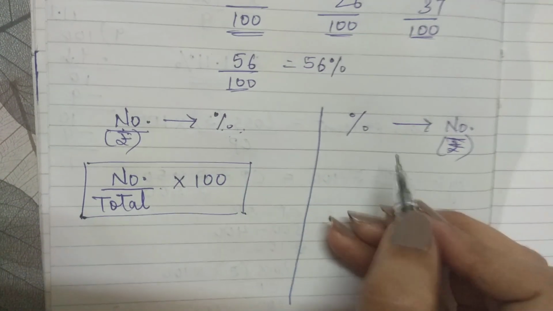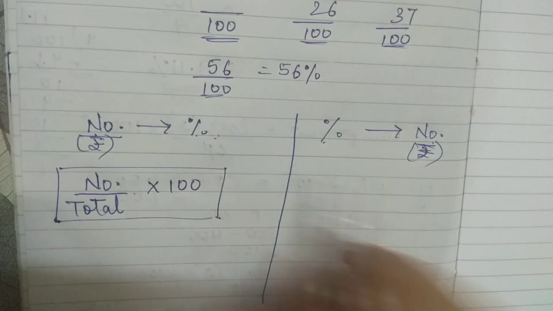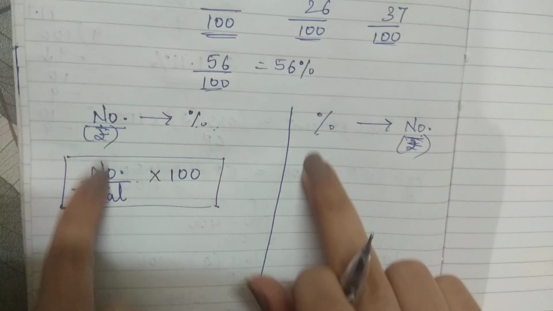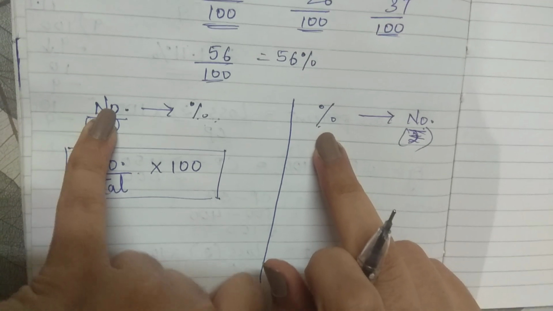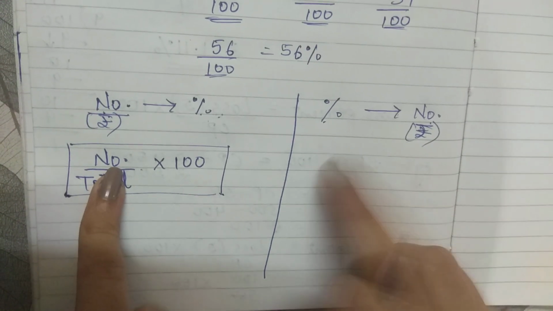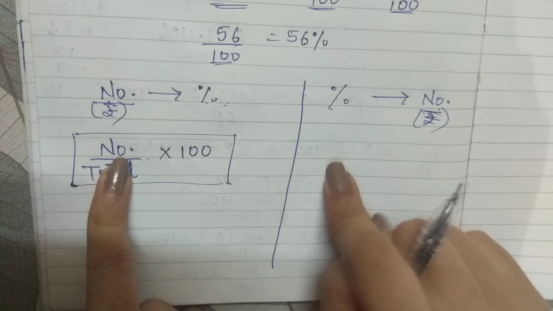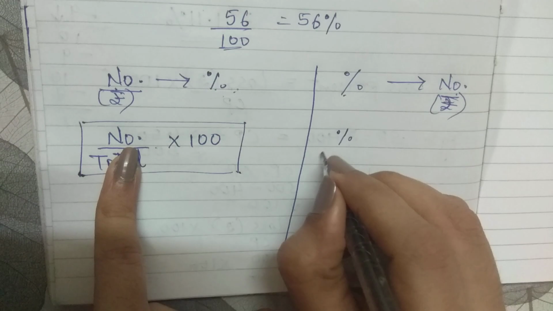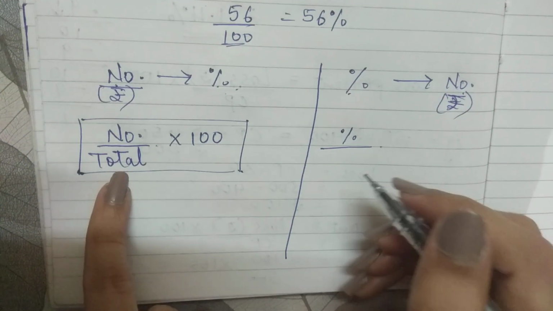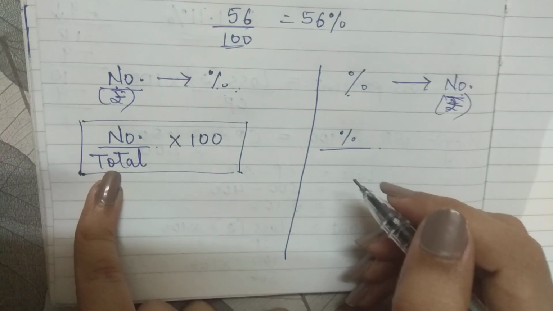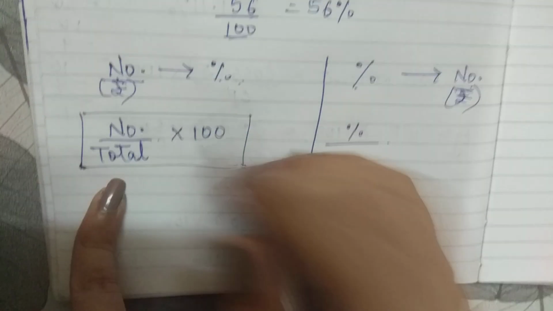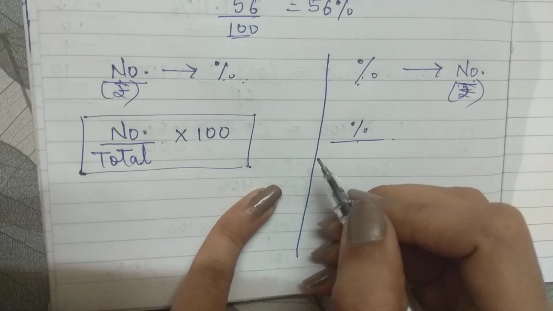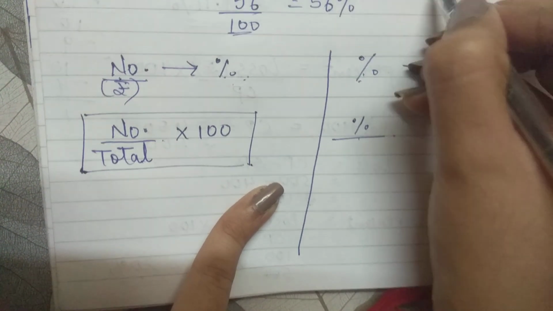Now, reverse of that, percentage to number. So what's the formula? Now if you will see, whatever thing we are converting, we will write in numerator. Number we are converting, so I wrote number in the numerator. Same way percentage I am converting, so that particular percent I will write in numerator, upon. Now here what is there in the denominator? The total. Out of total, some number is there which we are finding the percentage. What is the total of the percentage? Yes, it is 100.